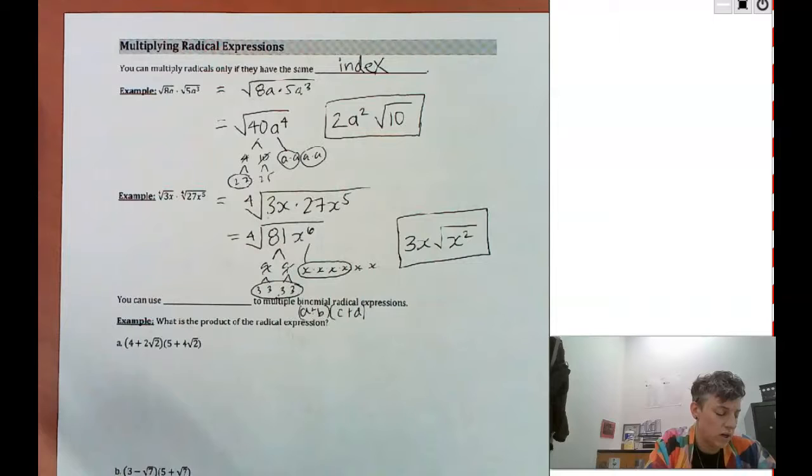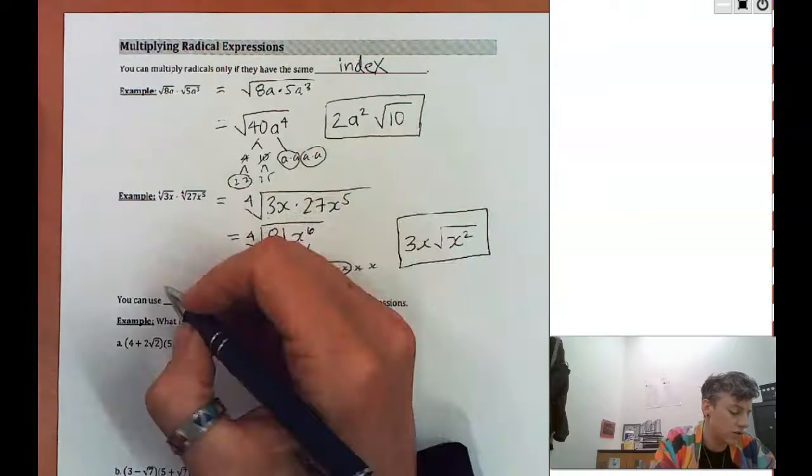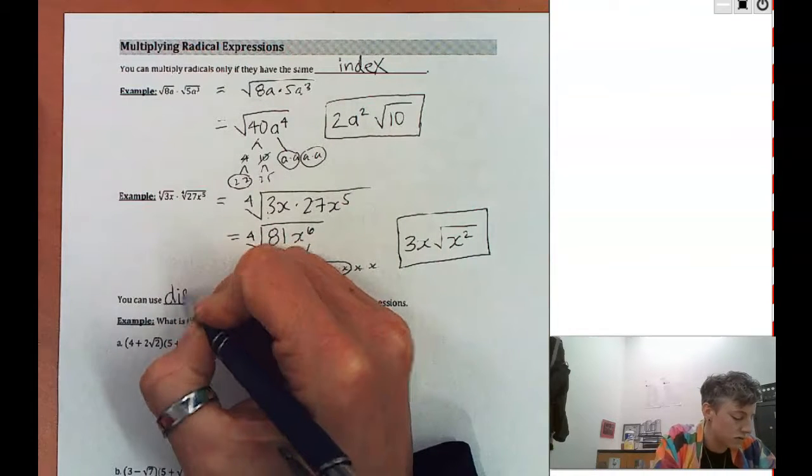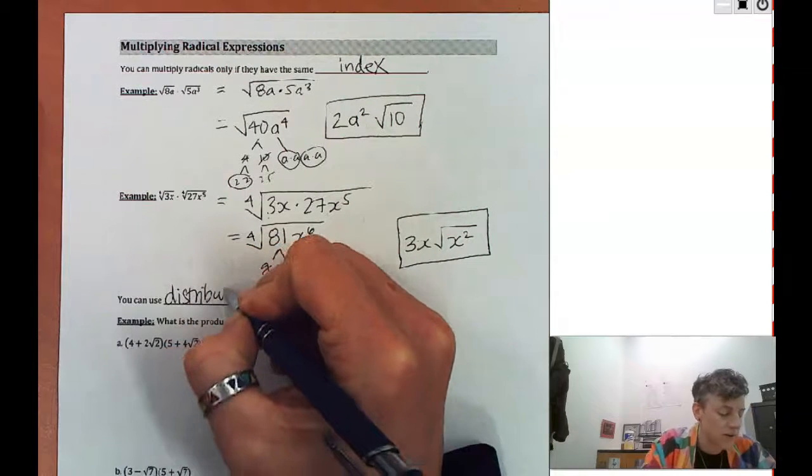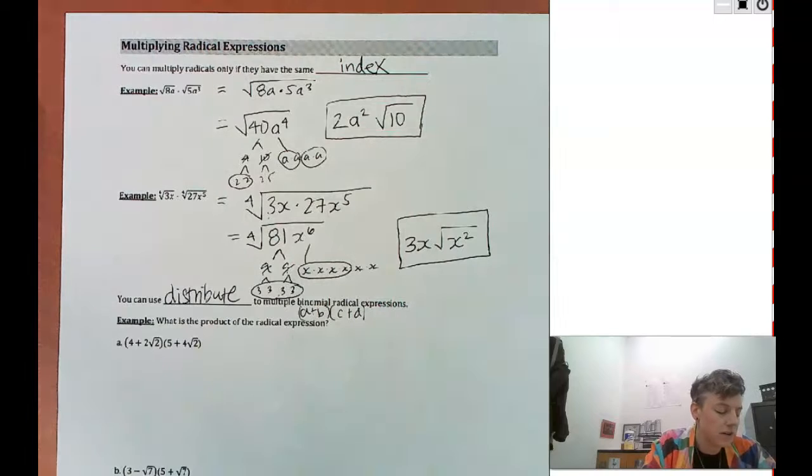You would do what you've always done. Use some distributive action. Or as some people like to call it, foiling. I'm not a huge fan of the FOIL word. It works for what it is, but you can distribute, is what I'm going to say. Distribute to multiply binomial radical expressions.